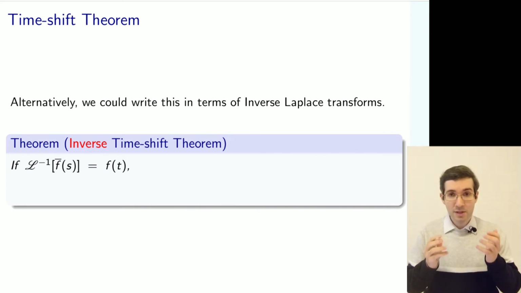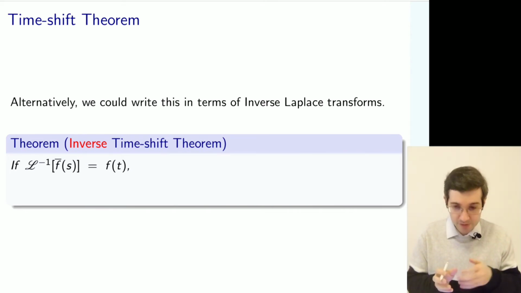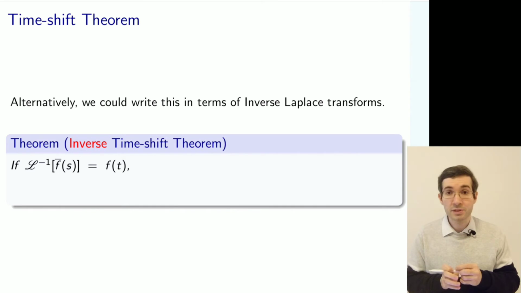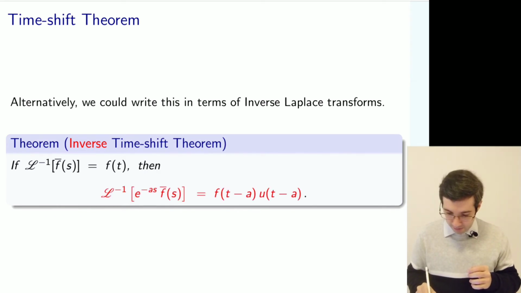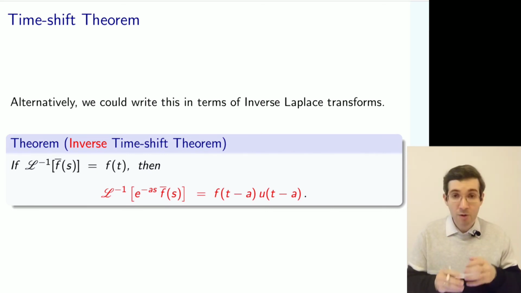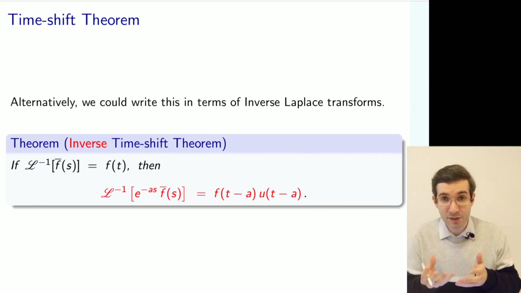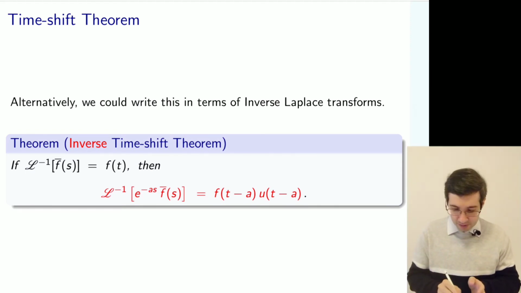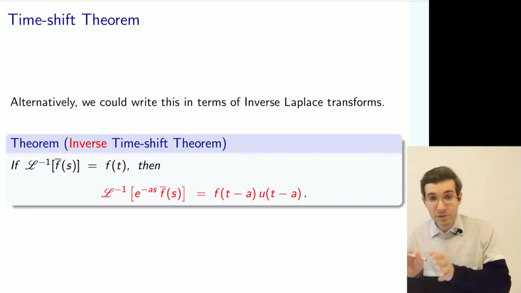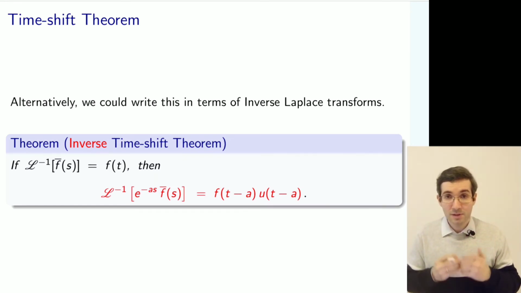So if somebody gives you again a function with the corresponding Laplace transform, you can find the inverse Laplace transform of an exponential multiplied by the Laplace transform of that function by just going one step back and returning to the time-delayed causal version of that function.